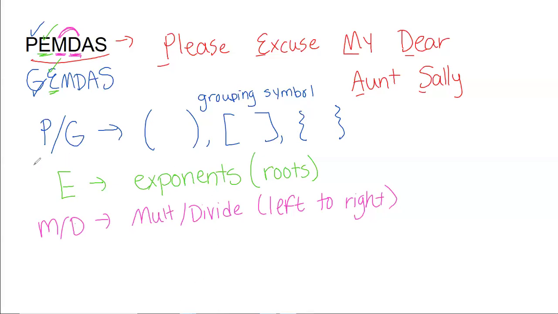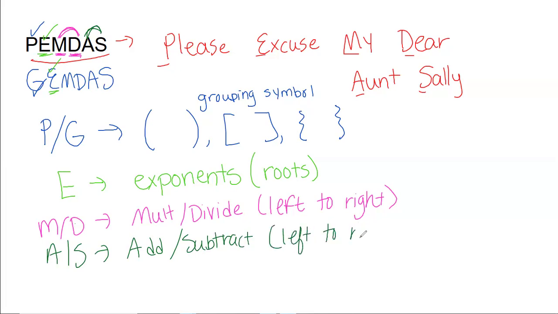Okay, so those come in the same step, as do AS. That stands for add and subtract. And again, those are in the same step, and you're going to do them like you're reading a book from your left to your right. Okay?